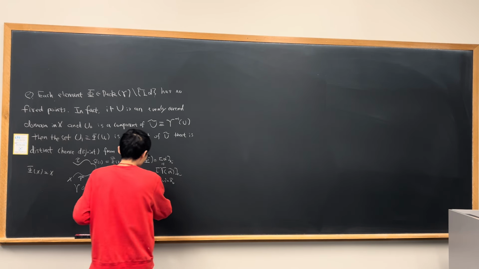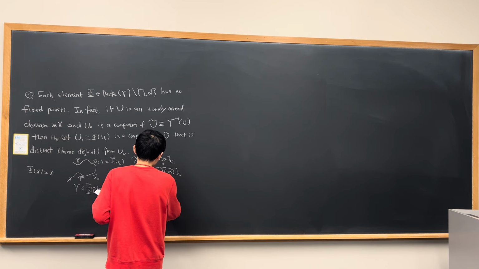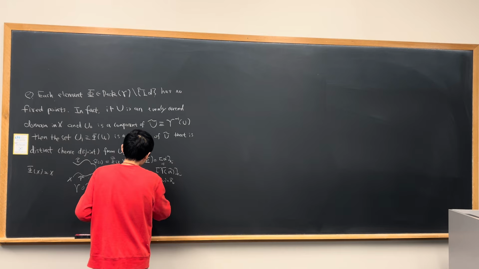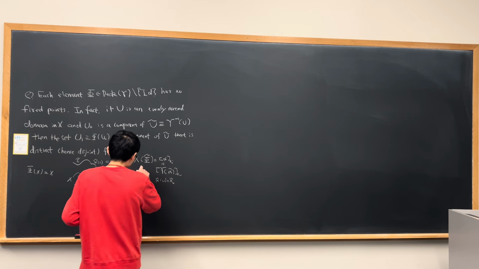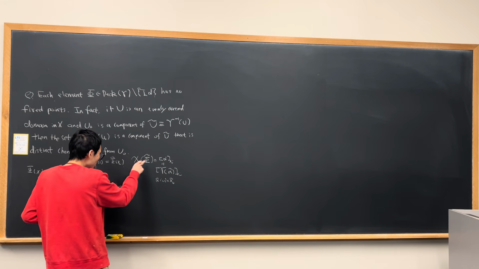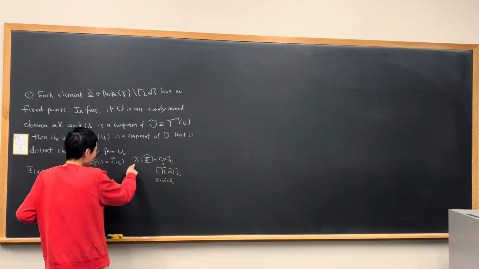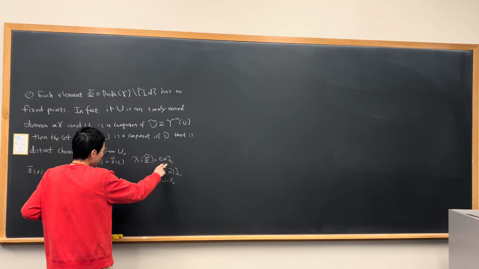By the definition, the image of phi tilde under the characteristic map chi is equal to alpha.